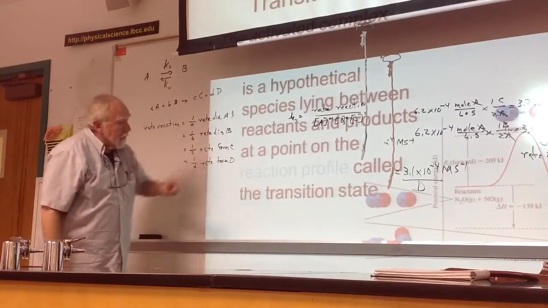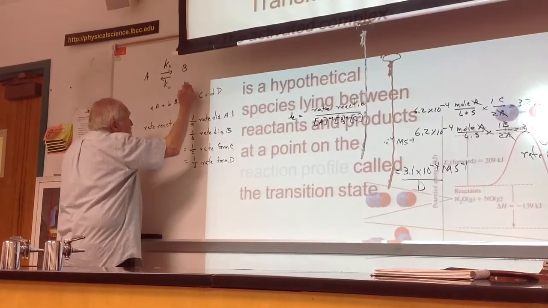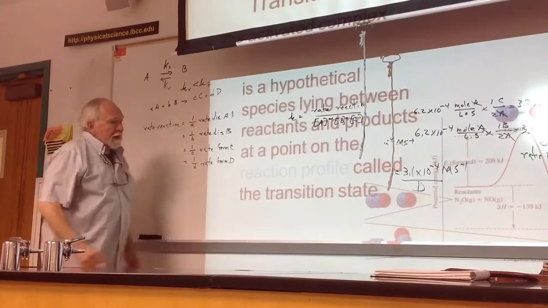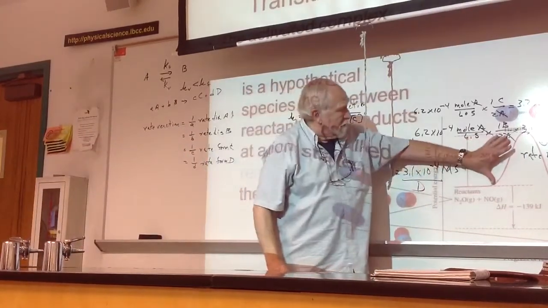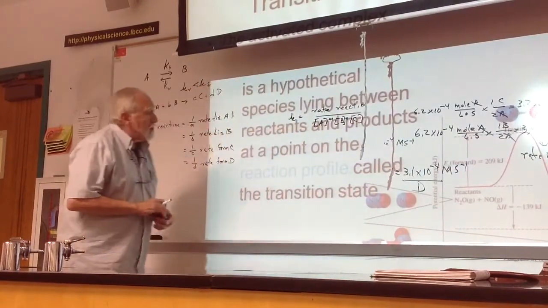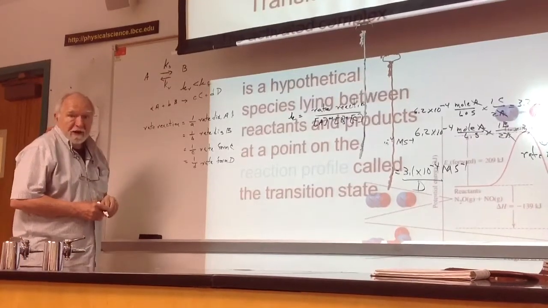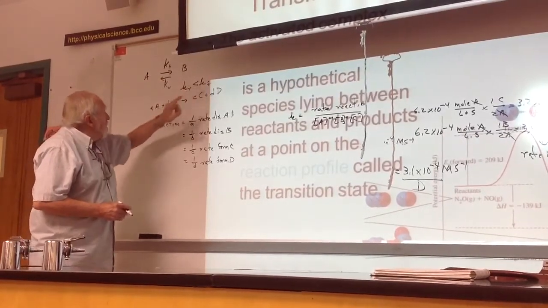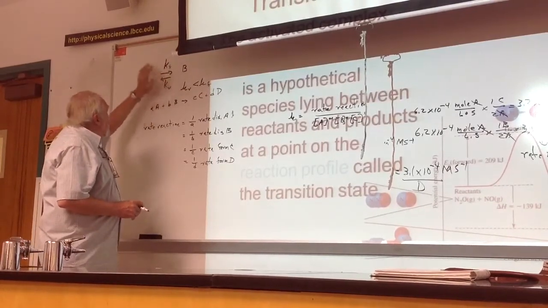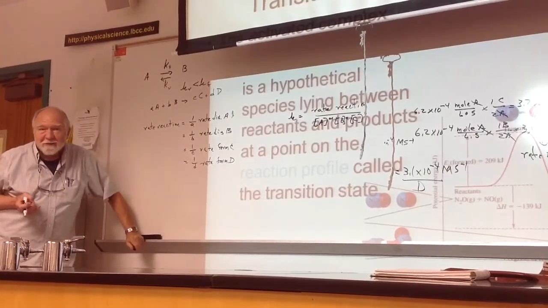For this example, you'll know that k sub R is smaller than k sub F because it has a higher activation energy going in the reverse direction. But when the system comes to equilibrium, these rates are occurring at the same rate. So if this number is smaller than this number, that means the concentration of B is going to be bigger than the concentration of A when we get to equilibrium, which is our next topic. Okay.